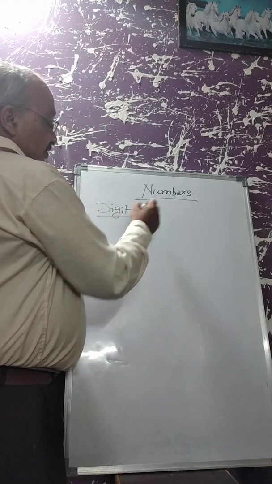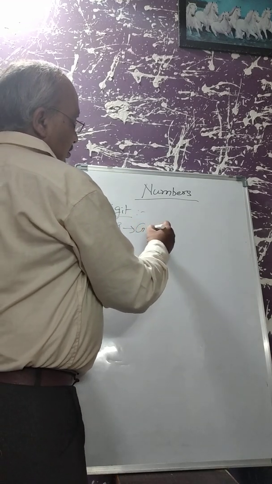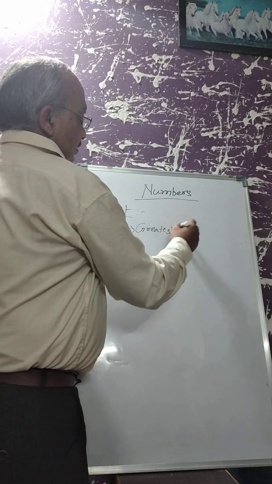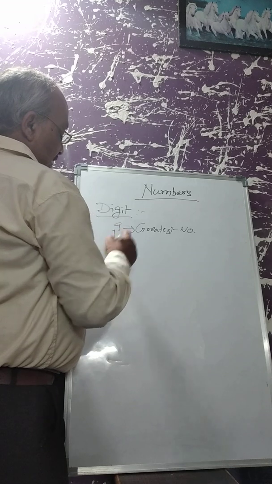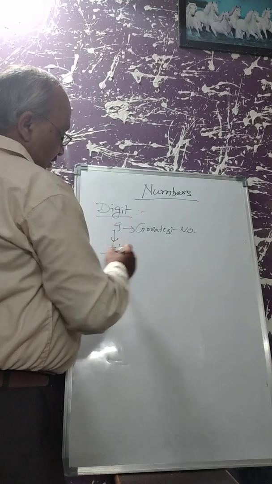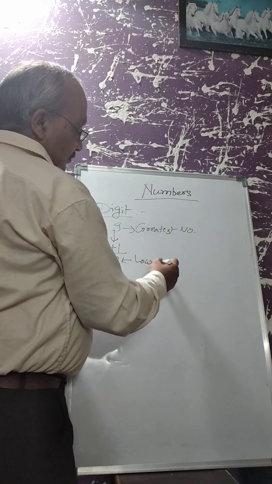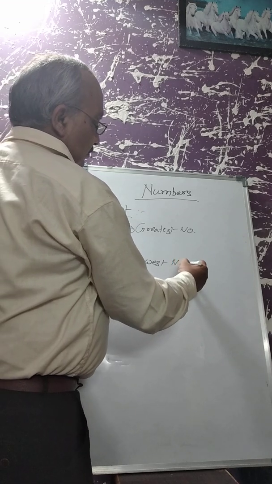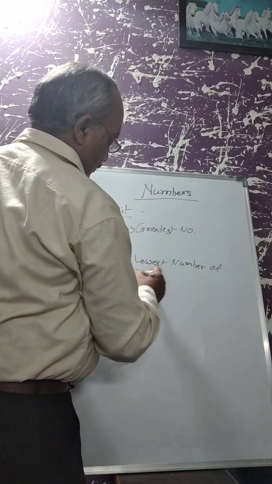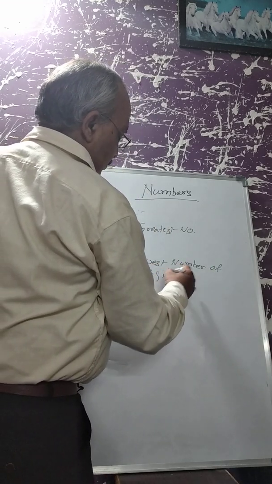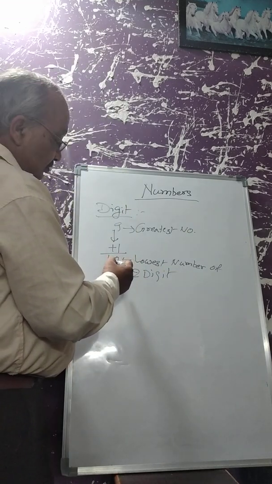In one digit number, as I had written, 9 is the greatest number. Just add 1. What will you get? 10, which is the lowest number of 2 digit.